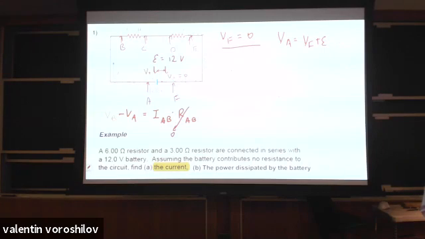Is the resistance zero? That is why VB is equal to VA, or 12 volts.